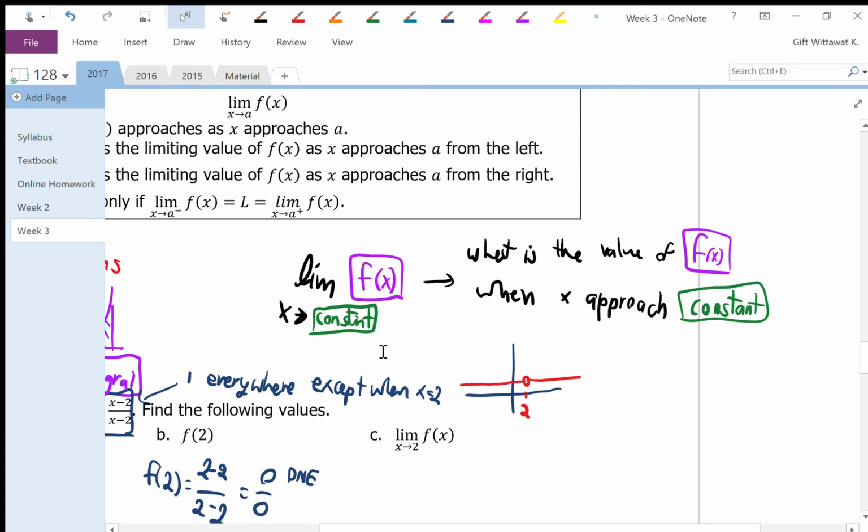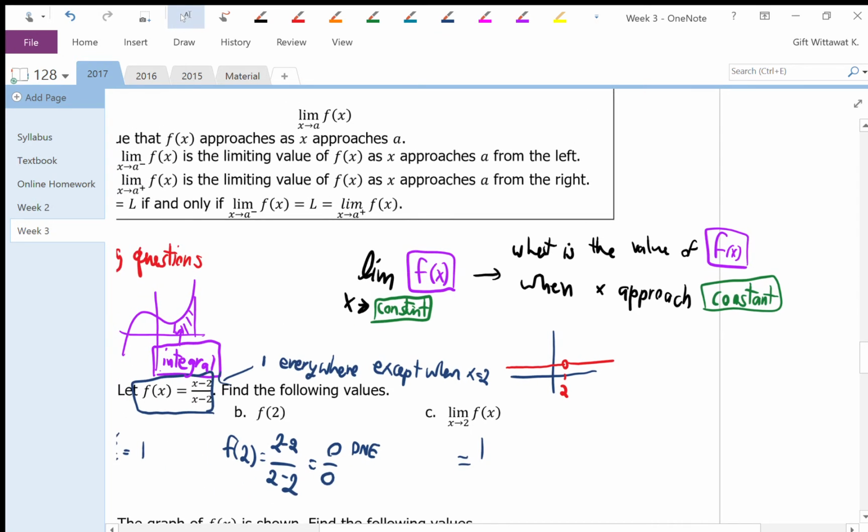You can see this terminology solves the dilemma that we had earlier. What is the value of f of x when x approaches 2? Well, you can see from the graph, even though f of 2 doesn't exist, when x approaches 2, its value remains at 1 and is unchanged as x goes to 2. So this whole limit is going to equal 1.